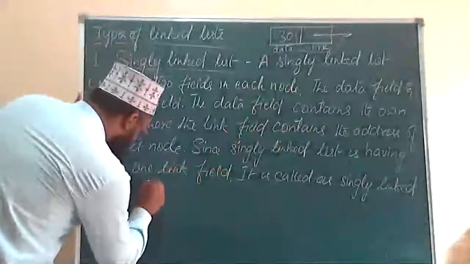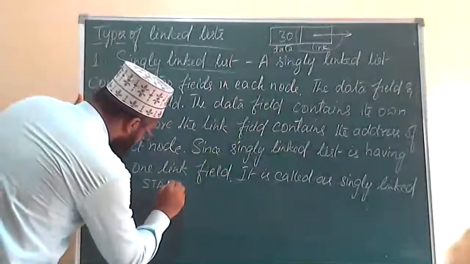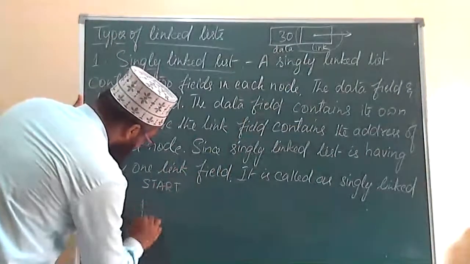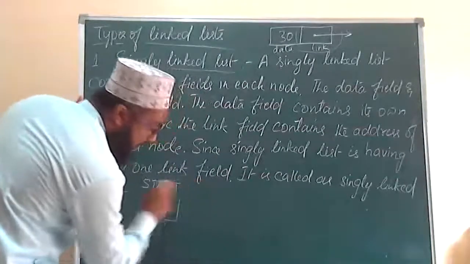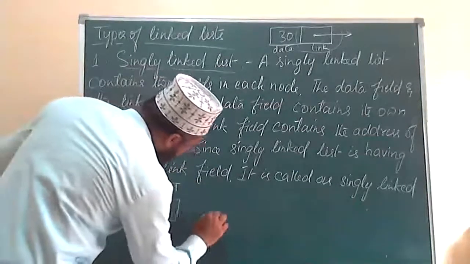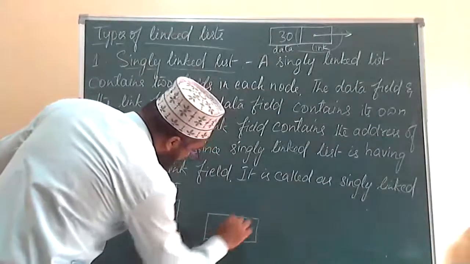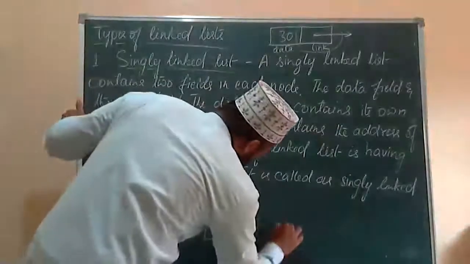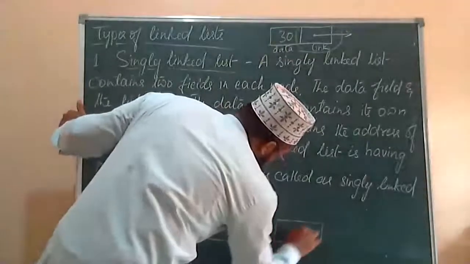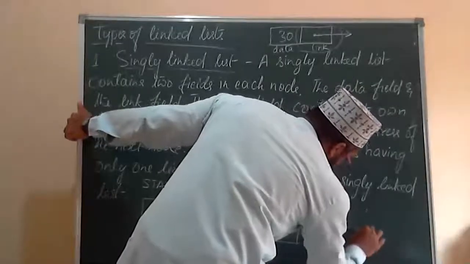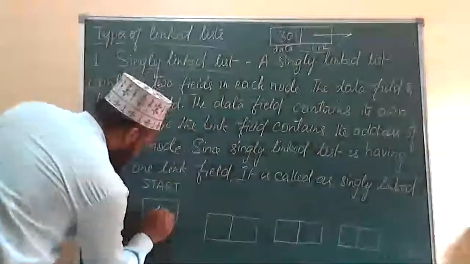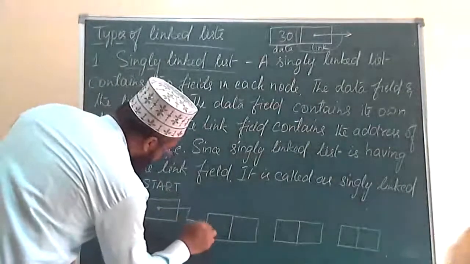You can write a singly linked list diagram like this. This is start or head. Then write 2 or 3 nodes. This is a pointer connected to the first node.